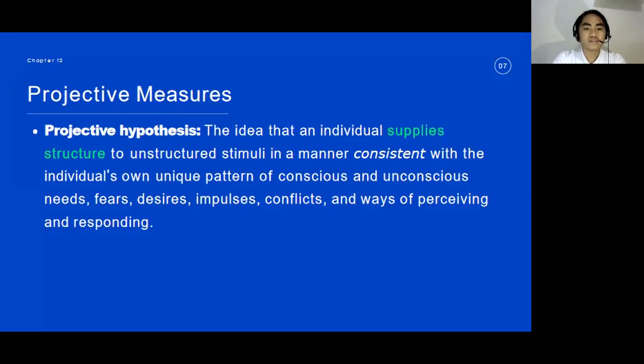In other words, it's all about their unconscious or implicit desires or traits. This might differ from a self-report measure because they might reveal something about themselves that they wouldn't admit to you or maybe even to themselves.